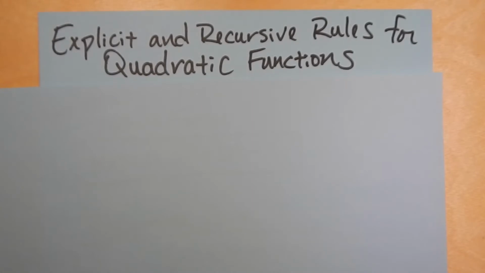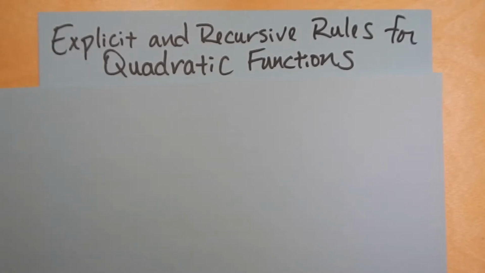I'm Mr. Merrill, and today we're going to be talking about explicit and recursive rules for quadratic functions. These are a little bit trickier than explicit and recursive rules for linear functions, like we've talked about before, and exponential functions.